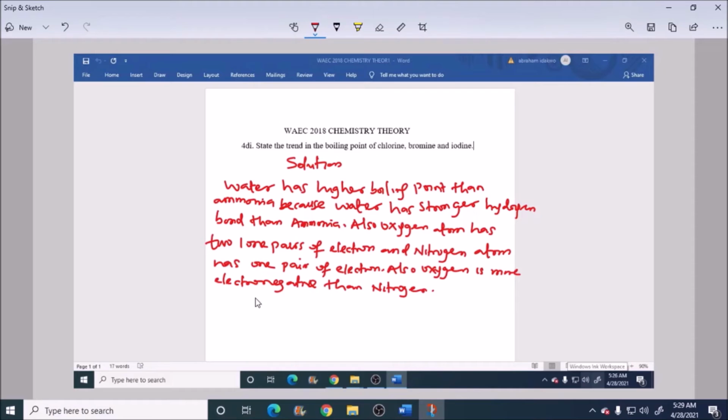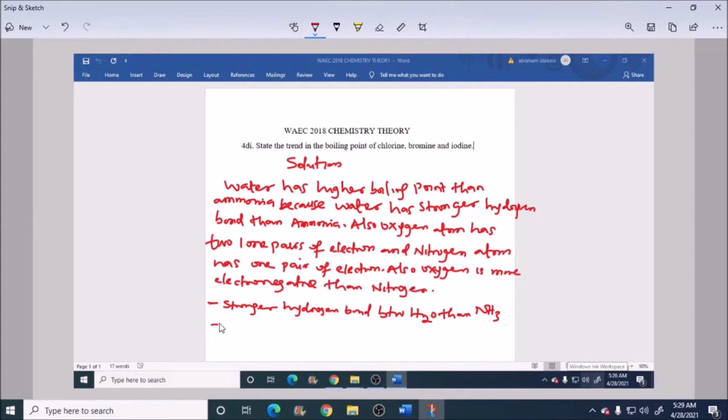So this is just a brief explanation on that. So we can just say that water has higher boiling point than ammonia because of stronger hydrogen bond between water than ammonia.